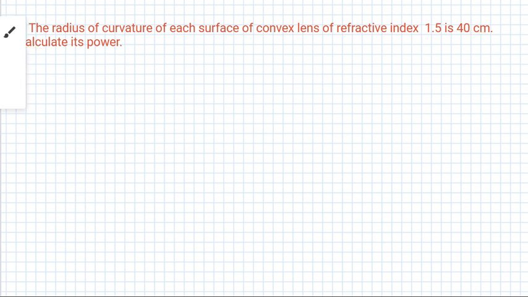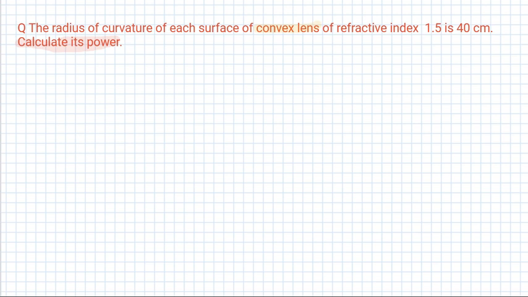So in the question they have asked you to find the power of the lens. Now let us look at the hints given in the question. The first hint: what kind of lens is this? It is a convex lens.